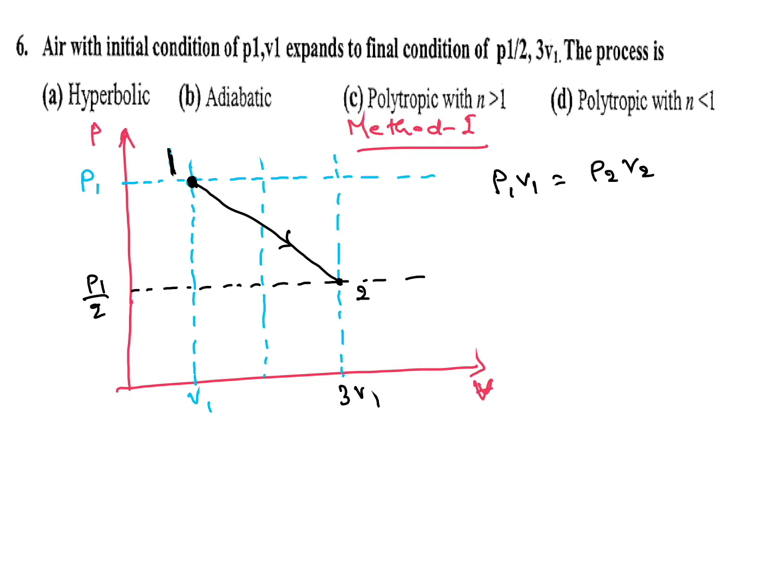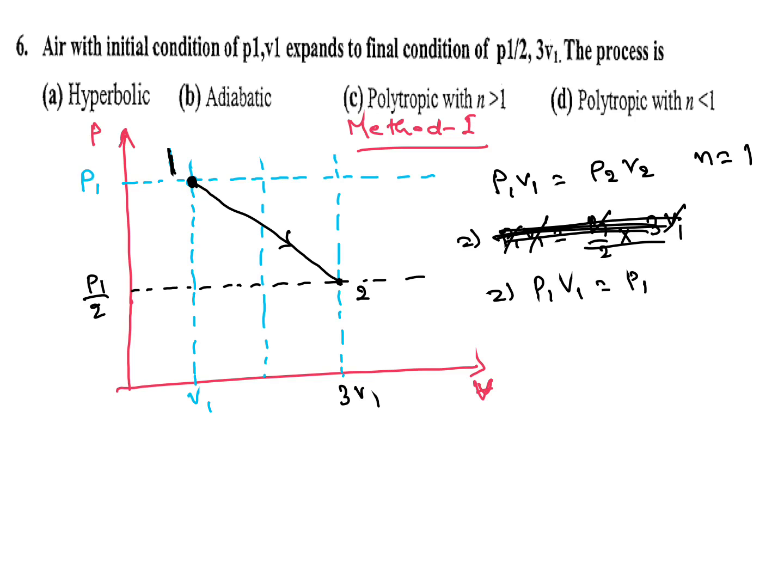So P1 V1 equal to P2 V2, where P2 is P1 by 2 and V2 is 3 V1. Only we will change the pressure. P1 V1 equal to P1 by 2 into V2, so V2 we have to calculate, it's 2 V1.